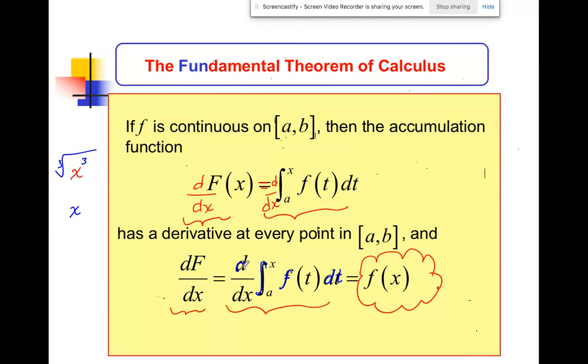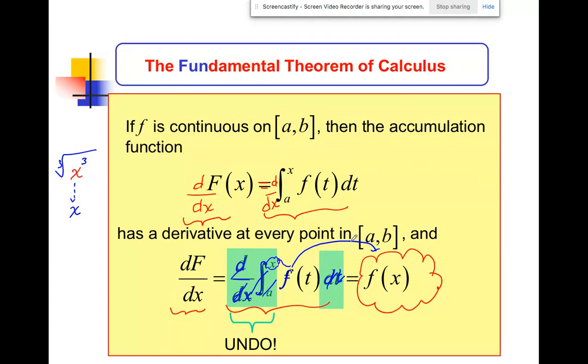But then I differentiated it. And you know what derivatives and anti-derivatives do to one another? They undo one another. And just like x came dropping out of this, f of t comes dropping out of the derivative and the antiderivative notation, and I don't need the dummy anymore.